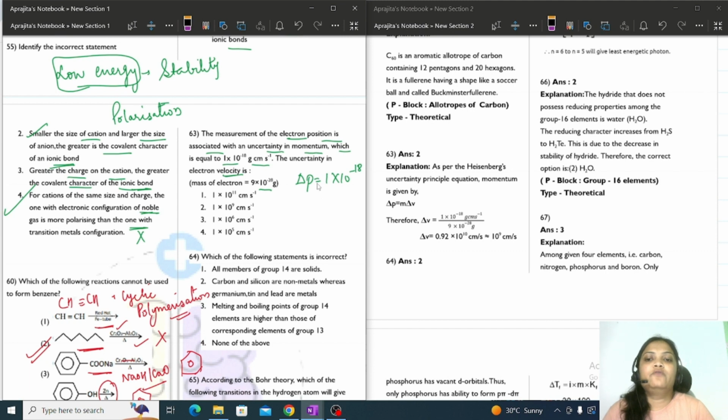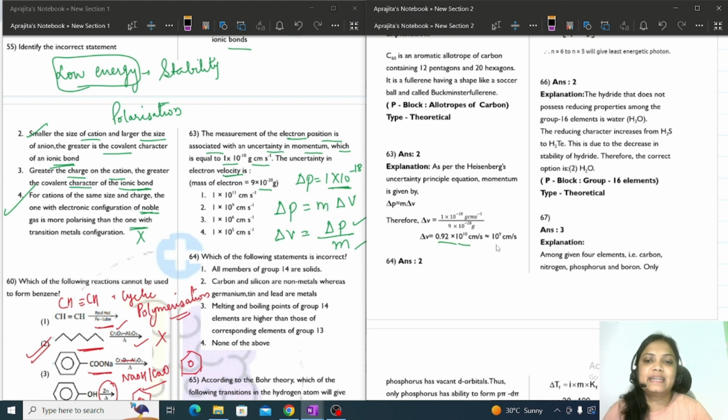According to the Heisenberg uncertainty principle, delta P is m delta V. So we have to find the uncertainty in velocity. Delta V will be delta P upon mass. Delta P is given, mass is given. When we divide, it comes out to be 0.92 into 10 to the power 10.